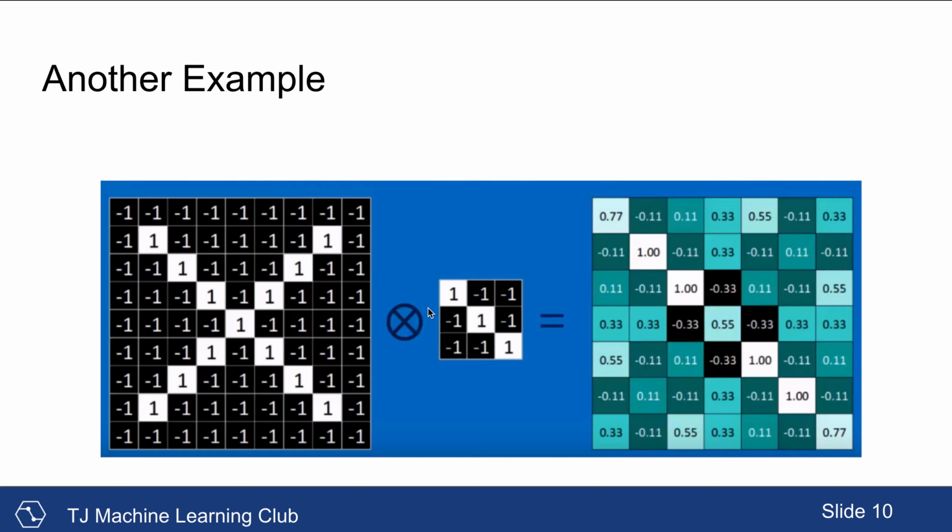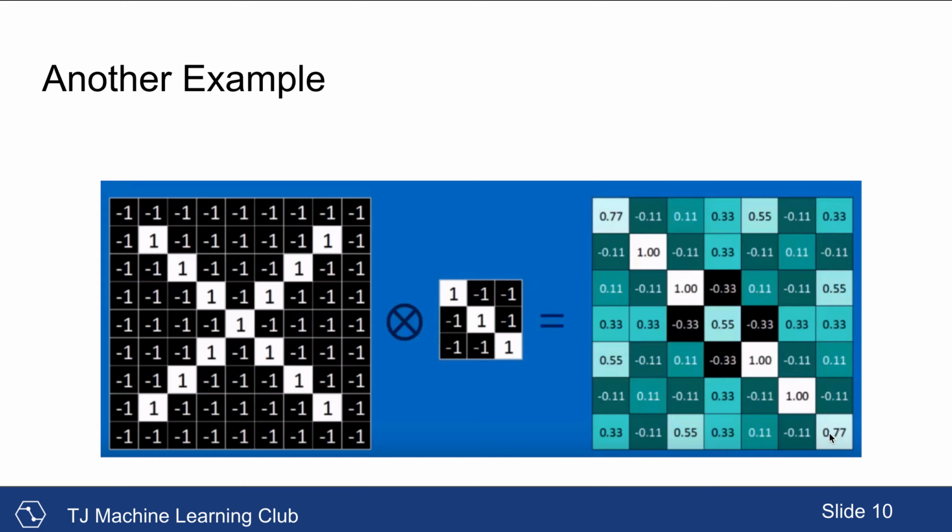This is another example that also illustrates this pretty well. If you have this image here, this is our image and this is our kernel, what ends up happening is the feature map, or the output that gets generated, is highly activated for all the pixels on this edge, on this diagonal, right?